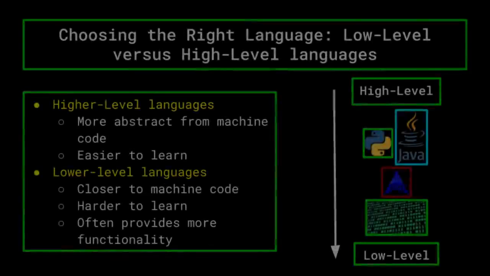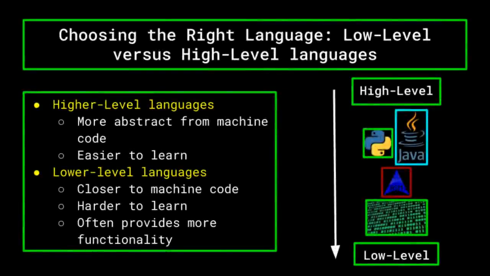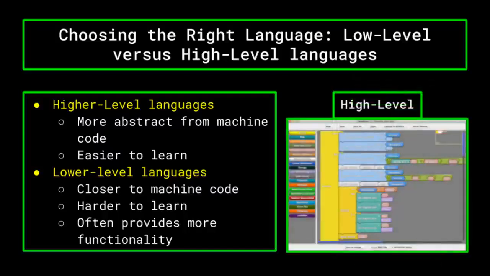Now, we talked earlier about low-level versus high-level programming languages. In case you forgot, let's do a quick refresher. Higher-level programming languages have a higher level of abstraction from machine language, that series of zeros and ones from way back when, while lower-level programming languages have a low level of abstraction from machine language. For example, block programming, where you can drag and drop programming statements together like 2D Legos, would be a high-level language, as it does not take a high level of understanding of the inner workings of a computer to program it.